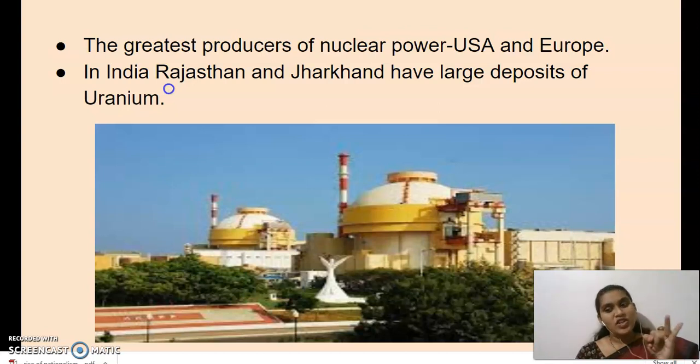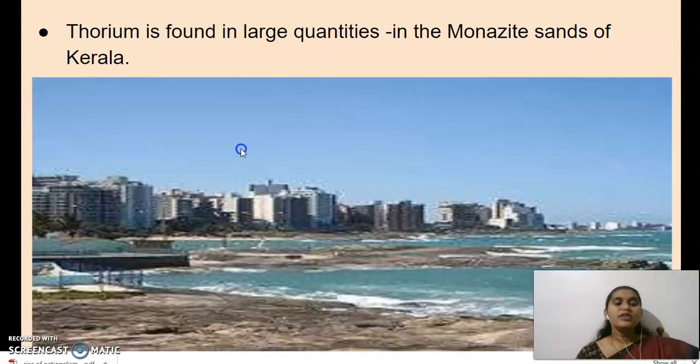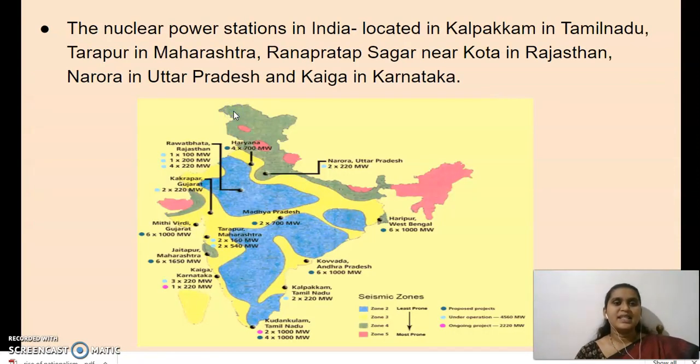Rajasthan and Jharkhand have the large deposits of uranium. Next, thorium is found in large quantities in the monazite sands of Kerala. So in Kerala, we can see thorium. In uranium, which are all the states? Rajasthan and Jharkhand.